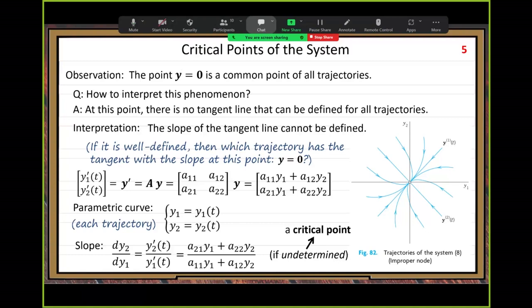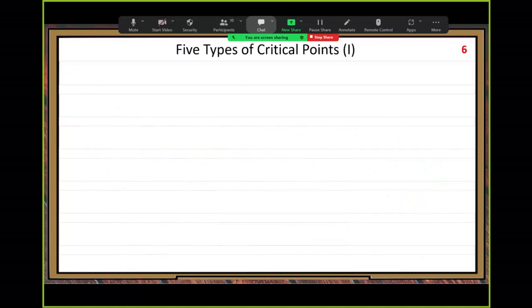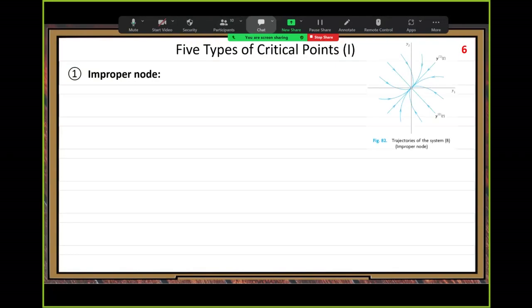All right. Next, we want to study 5 different types of critical points. First, improper node. We need to define the first type, the one we saw before.